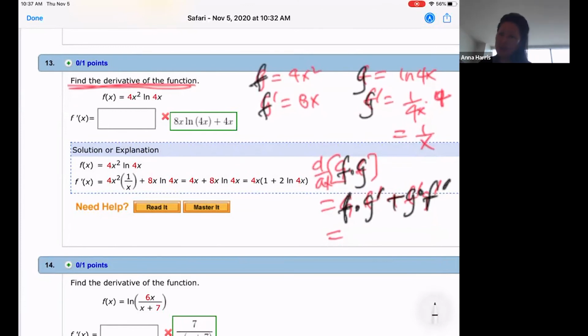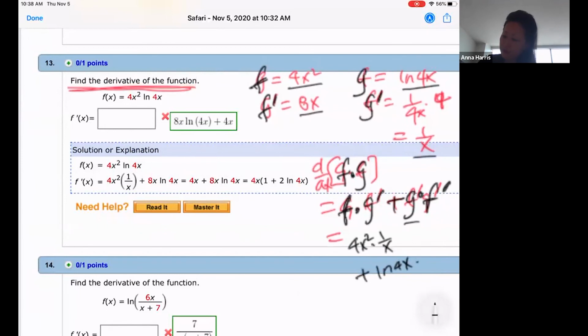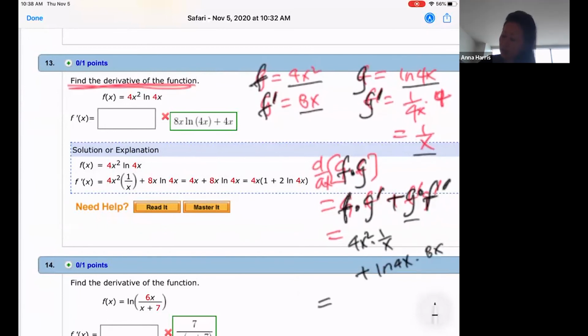That's what I usually do, so I'm going to just stick with what I usually do. So using the same variable, so you have f, minus g prime. Just to x.